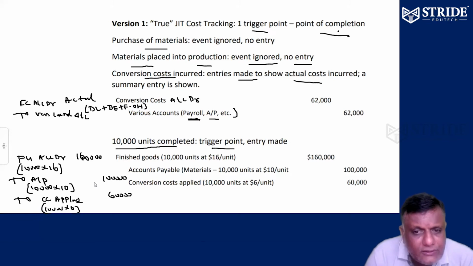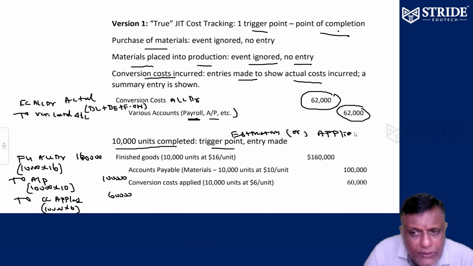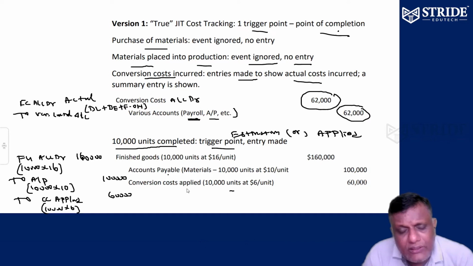This is actual, and this is the estimation applied. The entry for applied: finished goods account debit, 10,000 into 16; to accounts payable, 10,000 into 10; to conversion cost applied, 10,000 into 6.